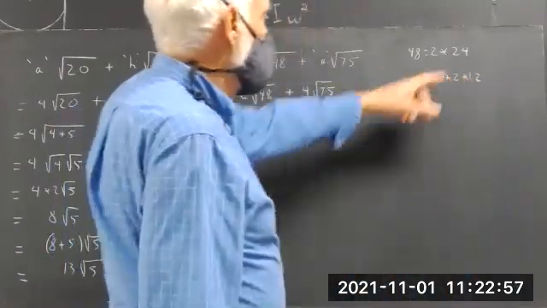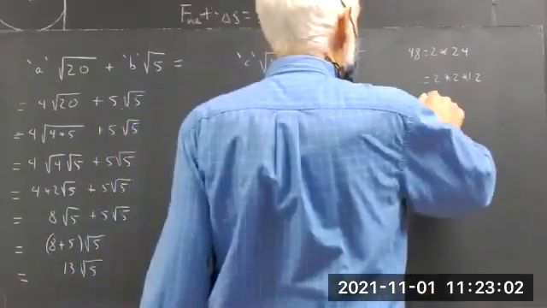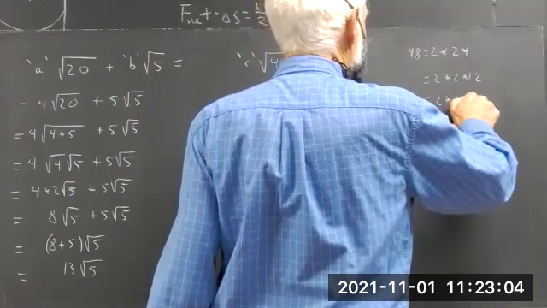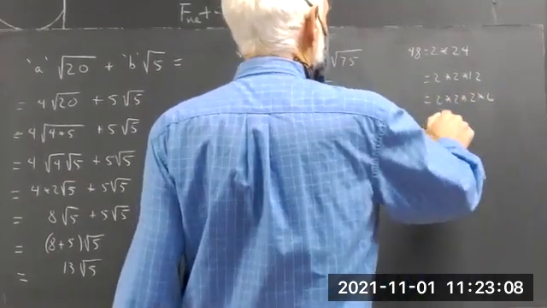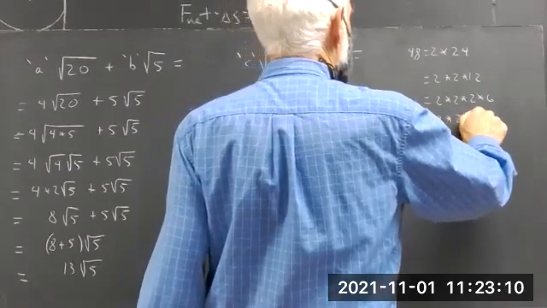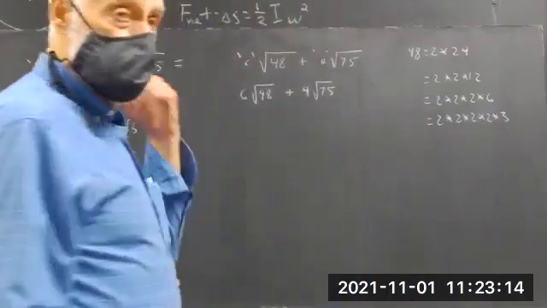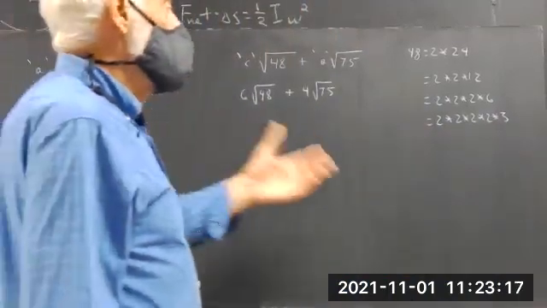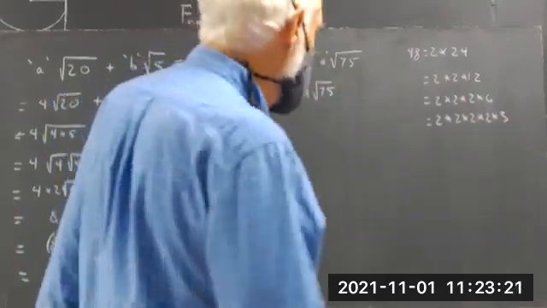Well, 24 is 2 times 12, right? And 12 is 2 times 6. And 6 is 2 times 3. Of course, that could be written 2 to the 4th times 3, and there's an easy way to simplify if you know that.